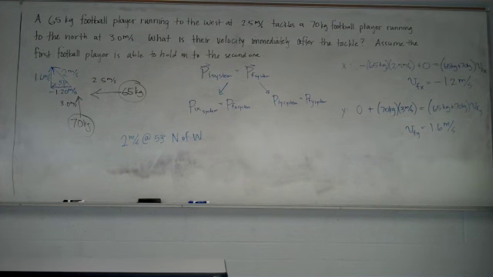But the only difference, if they do not stick together, then you keep them separate: 65 kilograms times v1x final plus 70 kilograms times v2x final. You would keep them separated out as individual elements. It's the only difference. Questions?